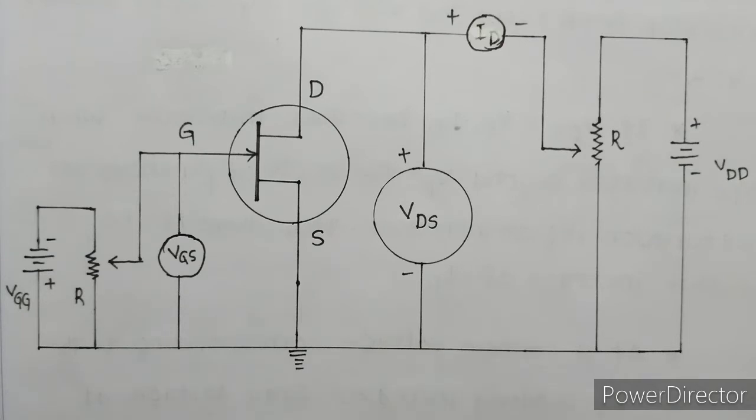In the graph we study the characteristics. One is the drain characteristics, that is the output characteristics. Second one is the transfer characteristics. This is the experimental arrangement of IV characteristics of JFET.